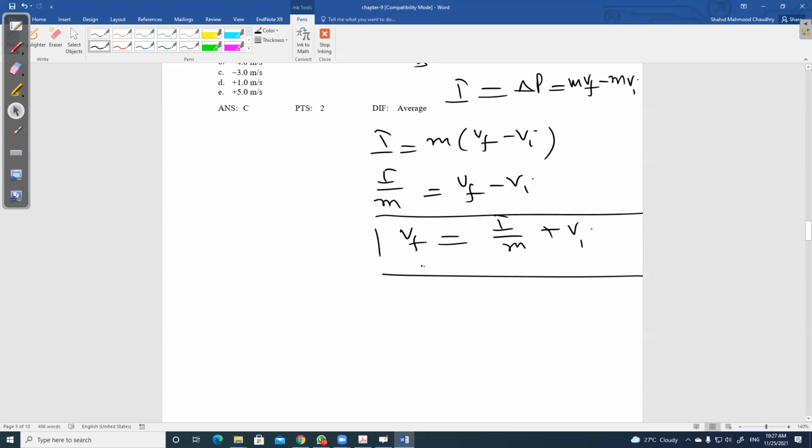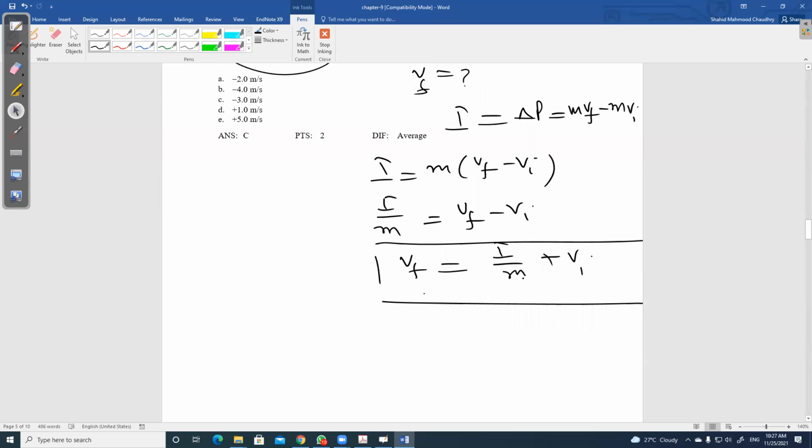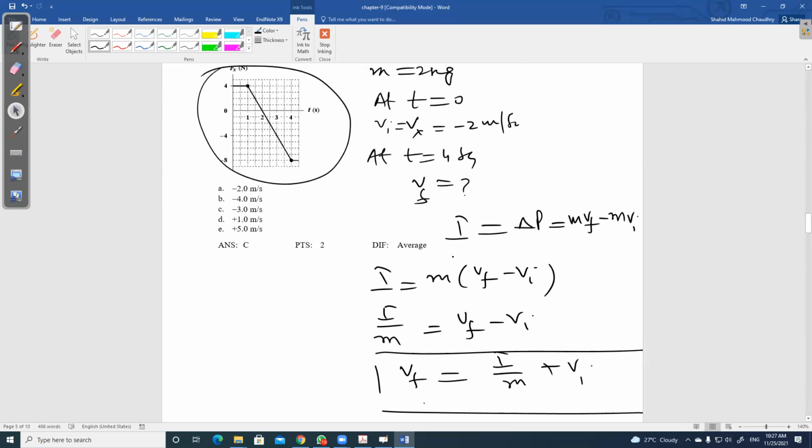In this equation, we have a value of vi and of m, but we don't know I. To find I from the graph, we find the area under the graph. If I draw a line here, this is a rectangle, so its area is 1 into 4.